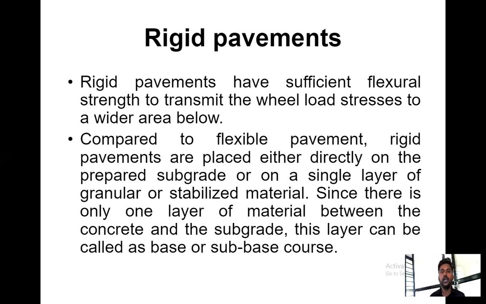That layer may be called the base layer or sub-base layer. Since there is only one layer that we have provided between these, we call it the base layer or sub-base layer. As compared to the flexible pavement, the rigid pavement can be placed directly on the subgrade, or we can provide one layer between the subgrade and the surface course.